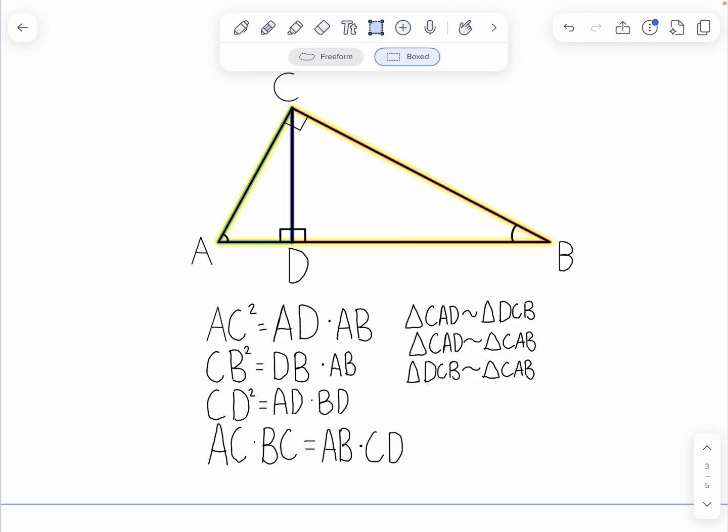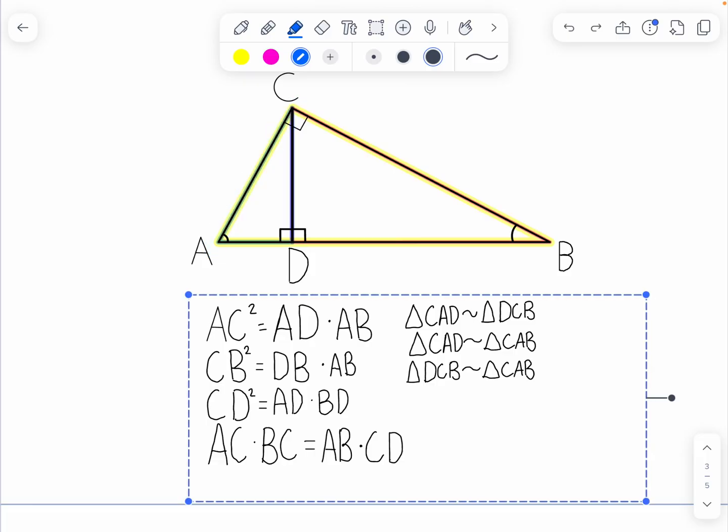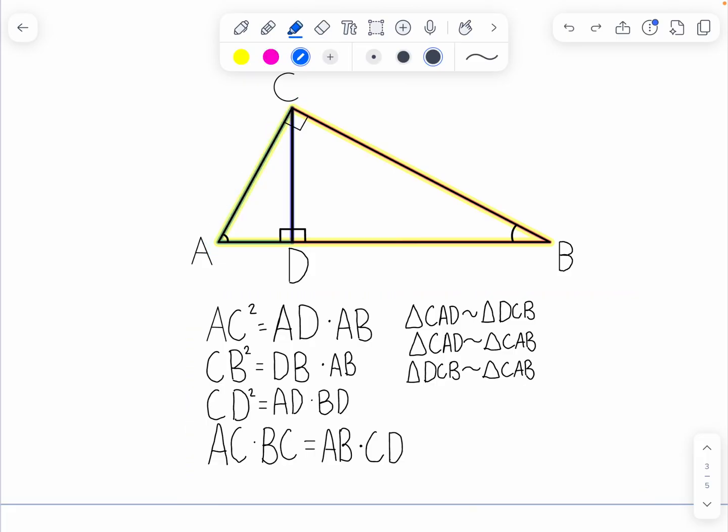The side of AC, so this side, is equal to AD times AB.